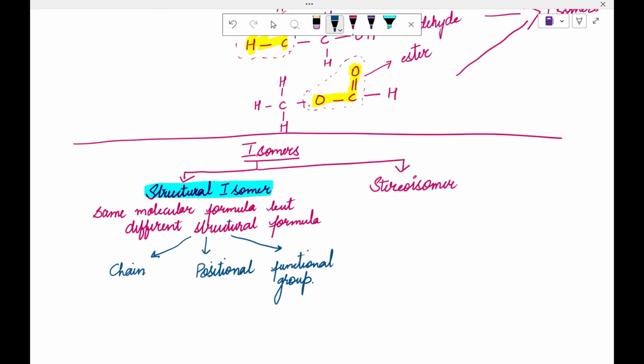And for stereoisomers, I just want to explain that there are basically two types. The one is geometrical isomer, and we call this type of isomer cis-trans isomer.